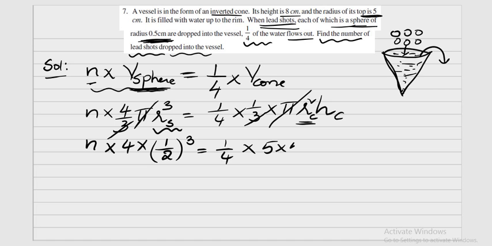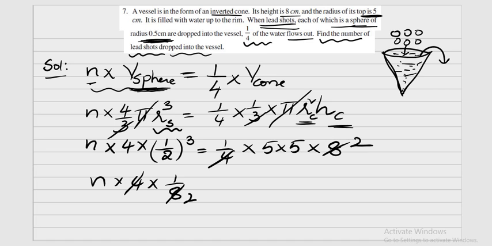So this is nothing but 5 into 5 into height of cone. So height of cone is given as 8 centimeters. So this 4 in 8, it goes 2 times. Now n into 4 into 1/2 whole cube is nothing but 1/8. Again this 4 in 8, it goes 2 times, which is equal to 5 5s 25 into 2. Now when I transpose this 2 onto the other side, so already this is 25 into 2.